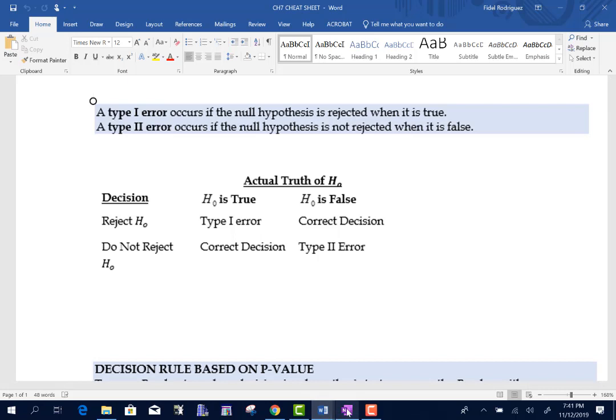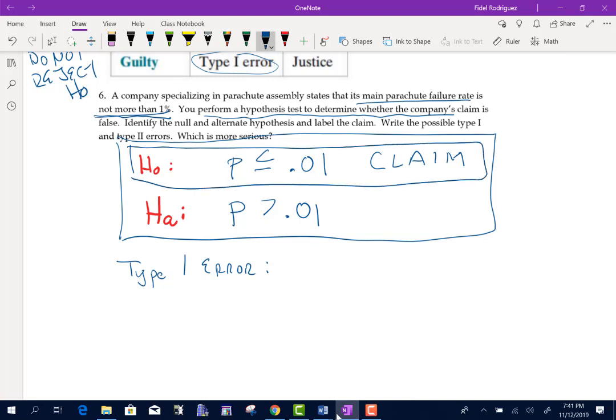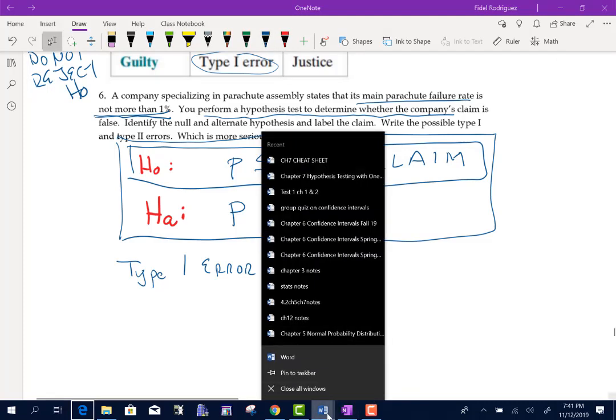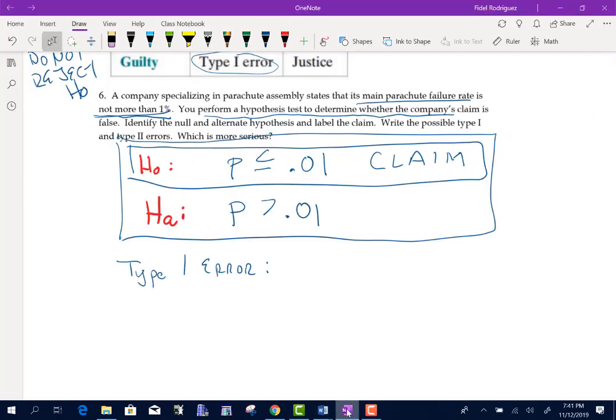So I'm going to come back over here. Look at what the null hypothesis is. The null hypothesis happens to be their claim also, and their claim says that the failure rate is less than 1%, okay? So type 1 says, if the null hypothesis is rejected when it's true. So we're rejecting this. We're saying that's not true, but it happens to be true, right?